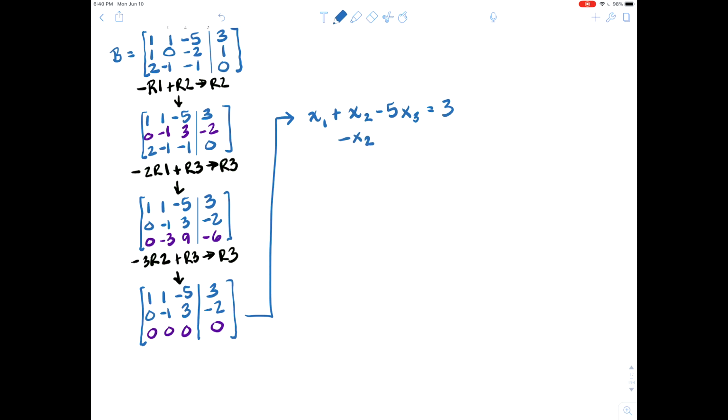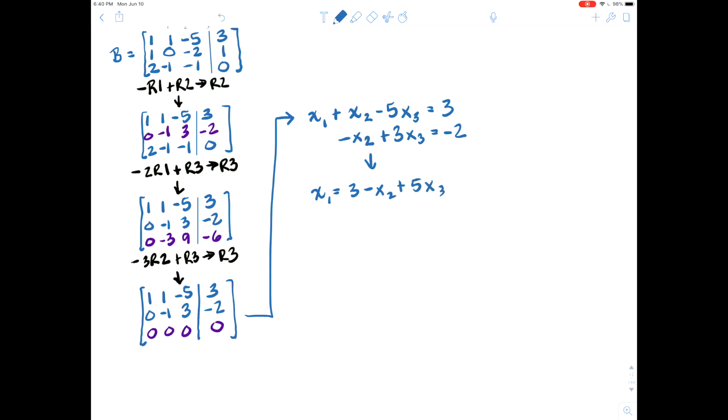Negative x2 plus 3x3 is equal to -2. So if I isolate x1 in the first equation, I will get 3 minus x2 plus 5x3.